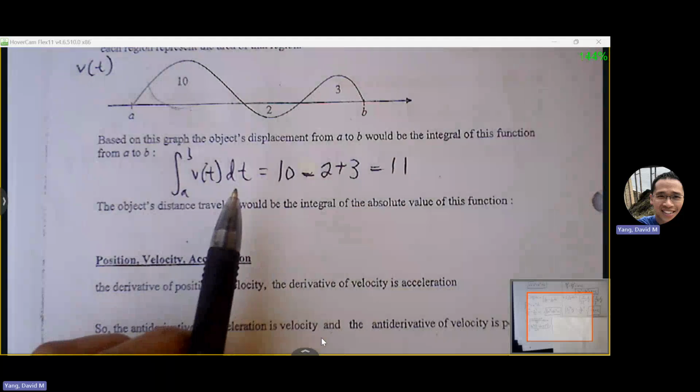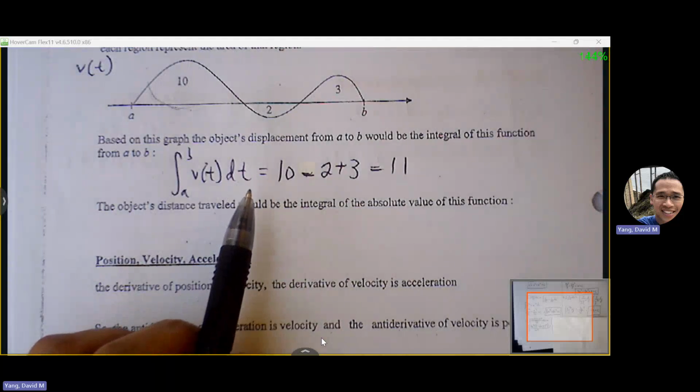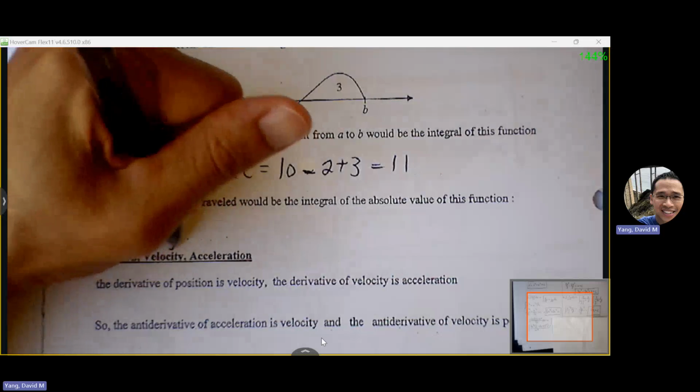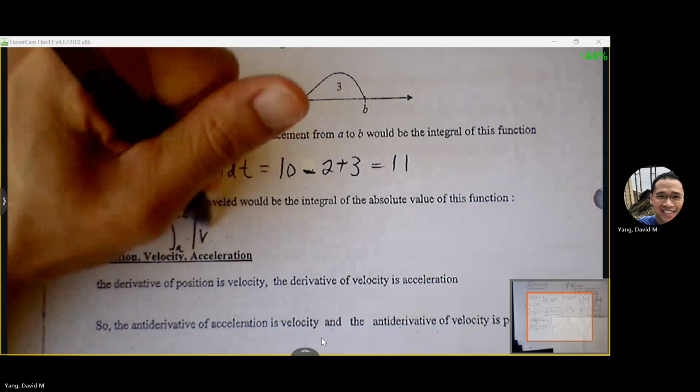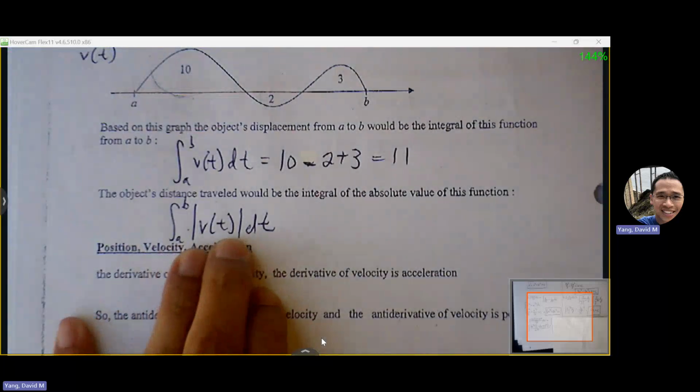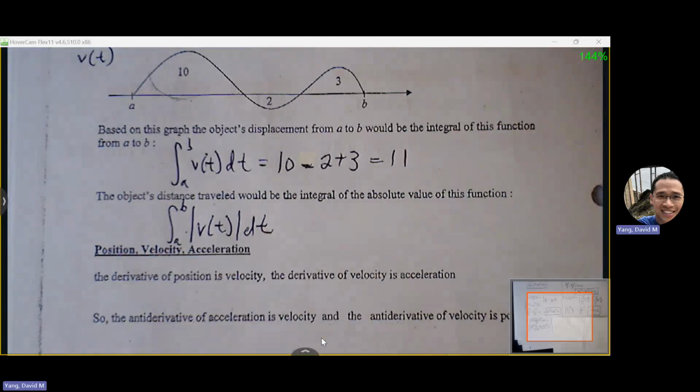So this object is going to end up 11 units to the right of where he started. But distance is counting his steps. Make sure your absolute value just goes around your velocity and not around your integral or your dt.